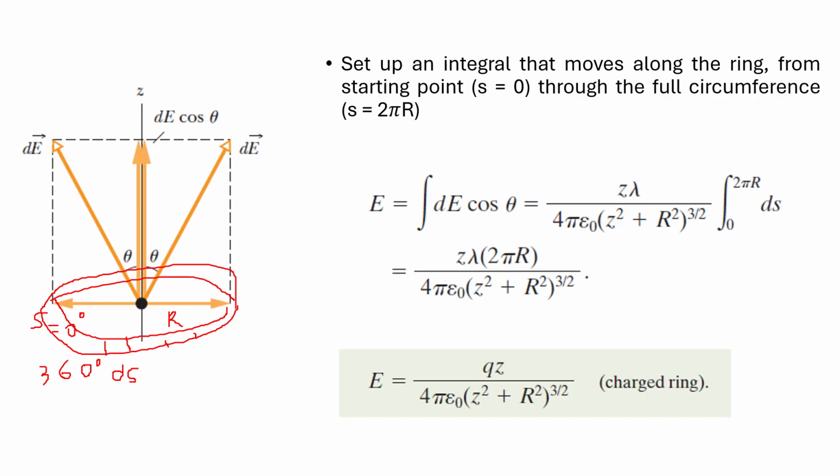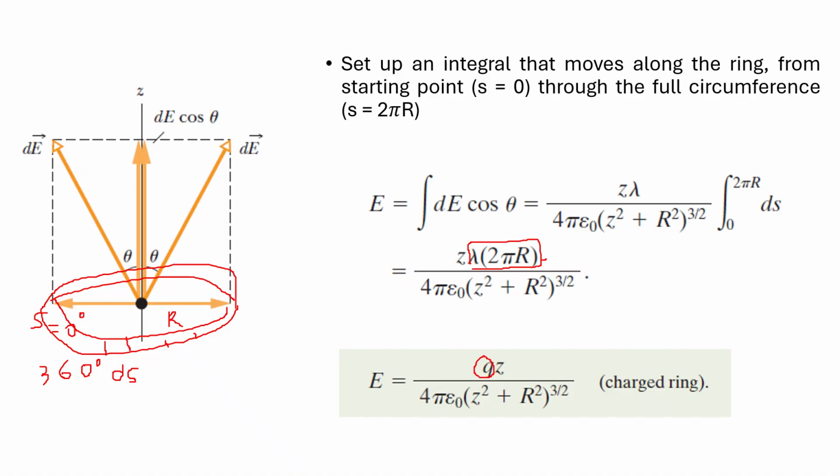When you solve it, you get the total electric field equal to z lambda 2 pi r over 4 pi epsilon 0 times z squared plus r squared with the power of 3 over 2. Make it simple when you want to include the charge term: lambda 2 pi r is equal to q.